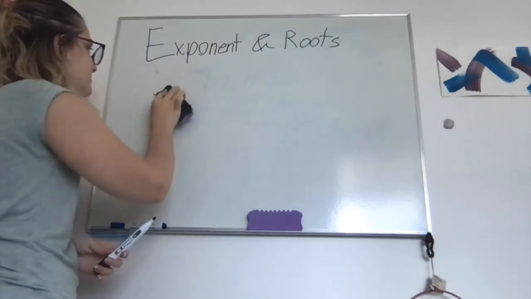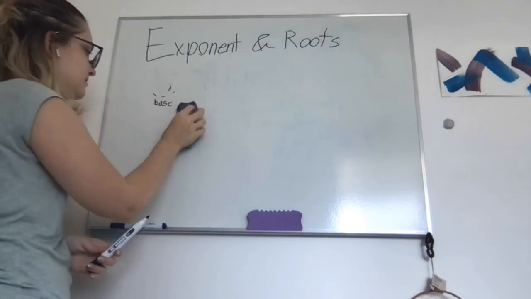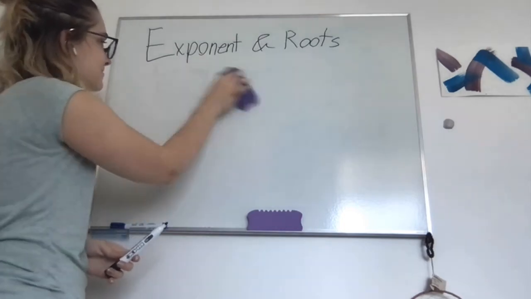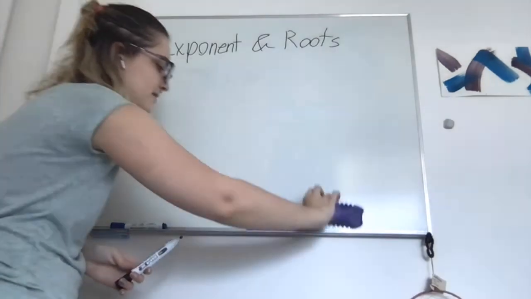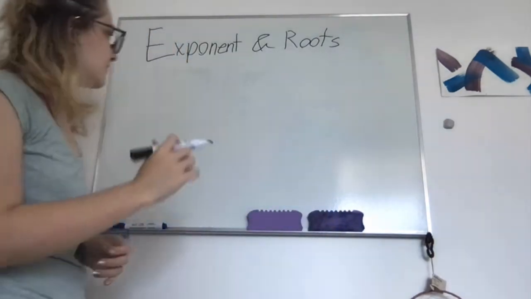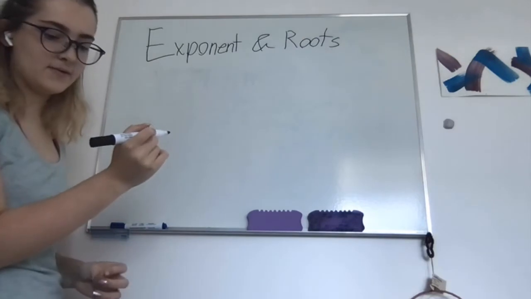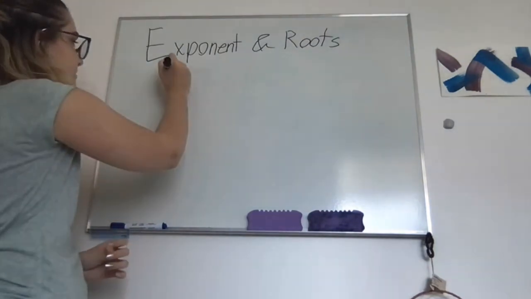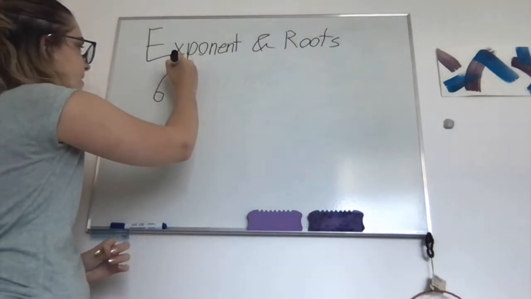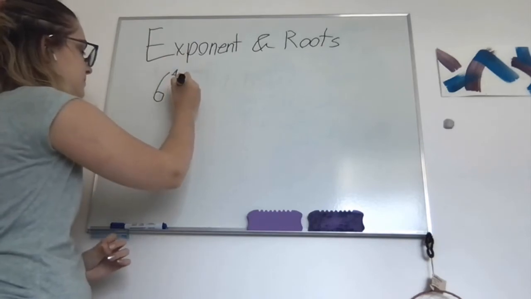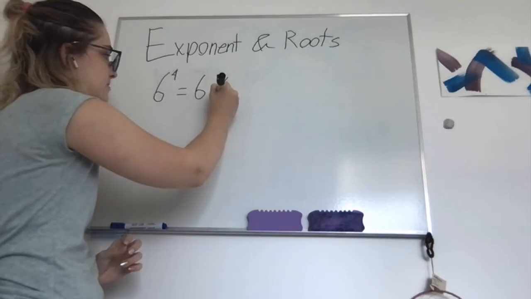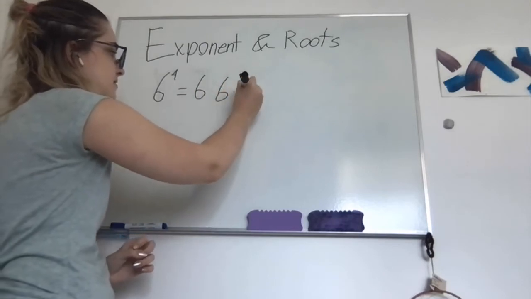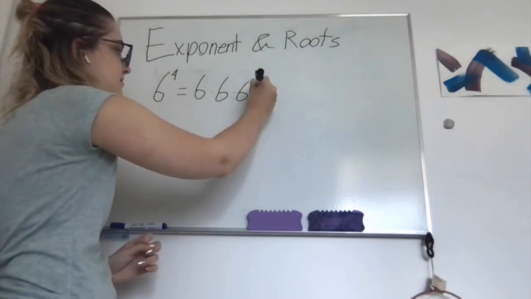Oh gosh. Got this terrible erasing my board. Can you see it? Okay. So let's try with 6 to the power of 4. What does that mean? It means 6 times 6 times 6 times 6.